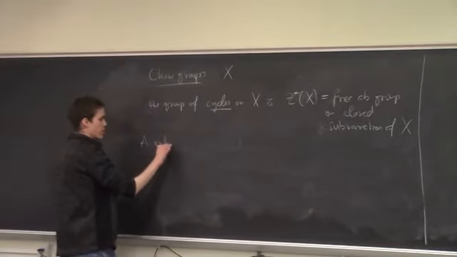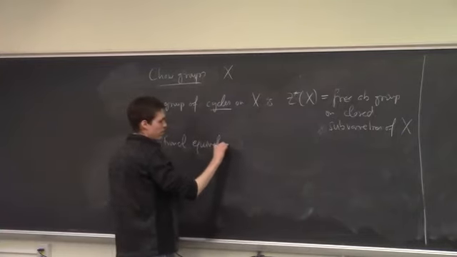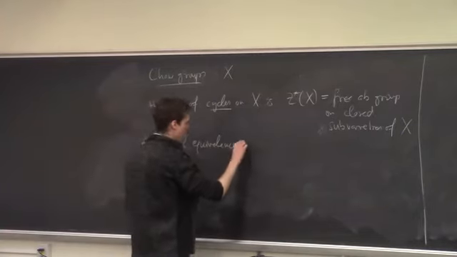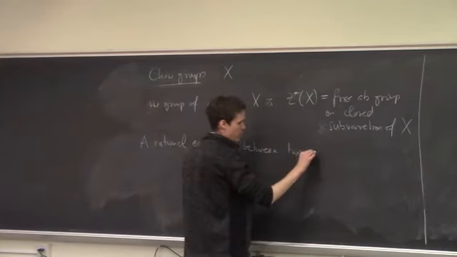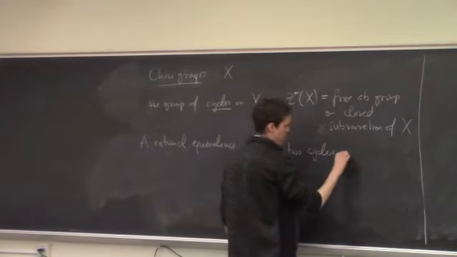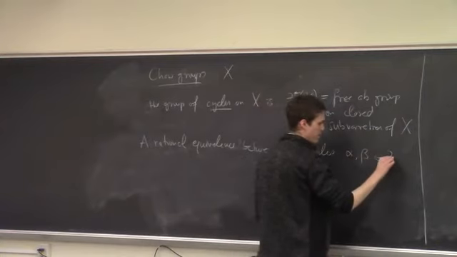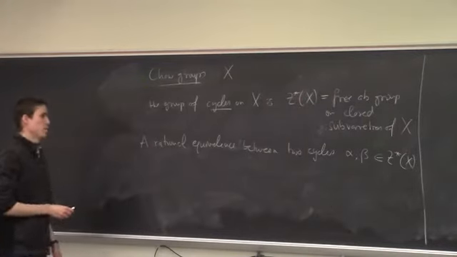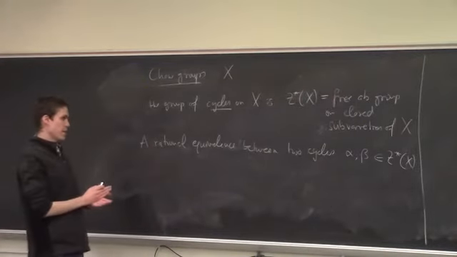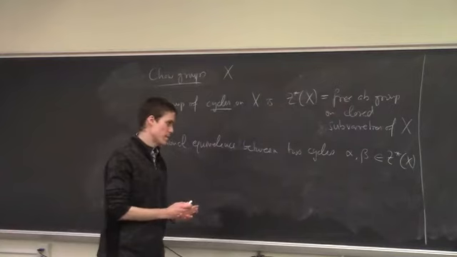So a rational equivalence between two cycles alpha and beta on X. The idea is that this is a family of cycles that interpolates between alpha and beta, and is parametrized.